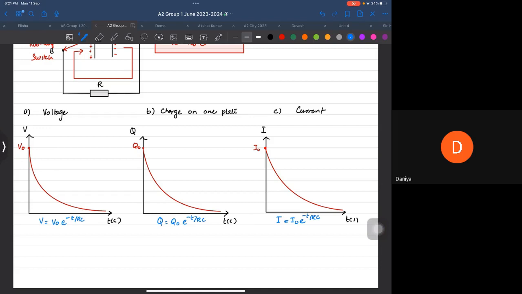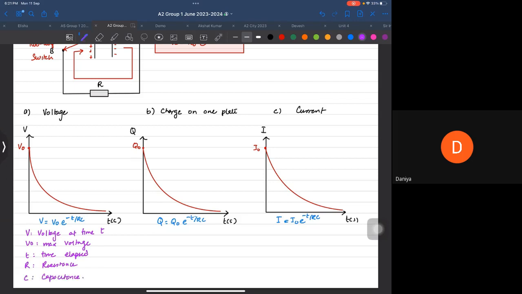Yes. Now we'll see what these really mean. Basically, V in this is the voltage at time t. V naught is the maximum voltage. t is the time elapsed, which means how much time has passed after it started discharging, and R is the resistance, and C is the capacitance.